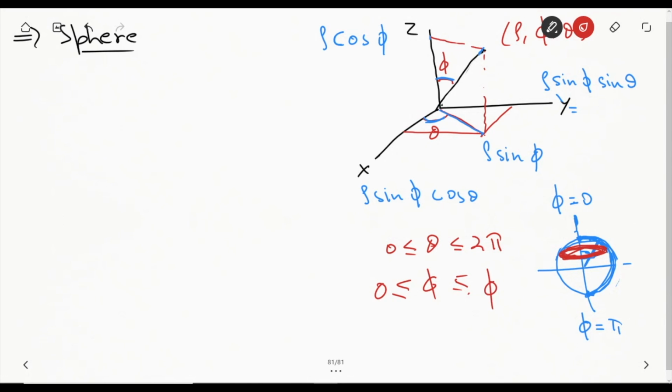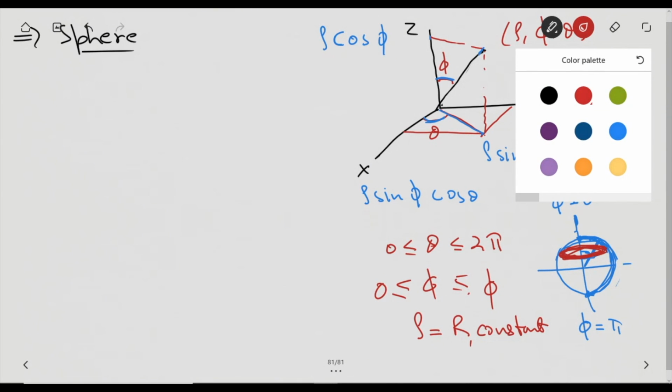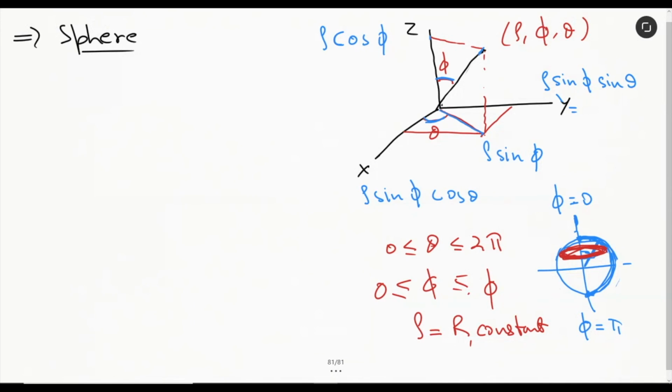And if we are on the surface, rho or capital R, anything is going to be constant, right? Because we are talking about the surface, not the body. So in this case, very clear.